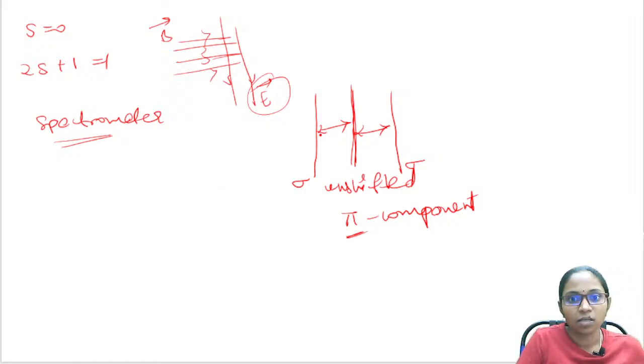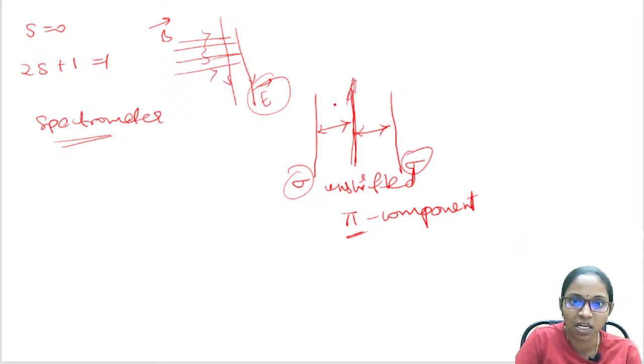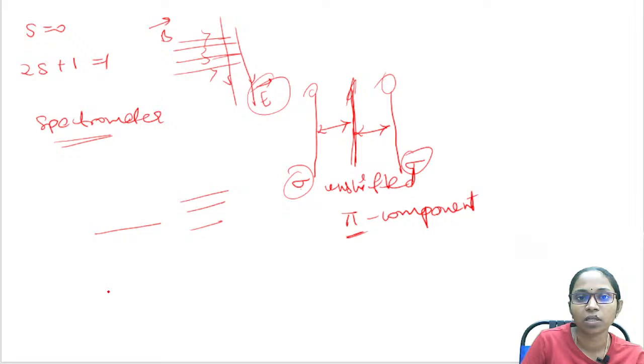There will be a shift for these sigma lines. This one is the unshifted line and these are shifted lines, equally spaced from the pi component. That means a single spectral line is split into 3 polarized components.